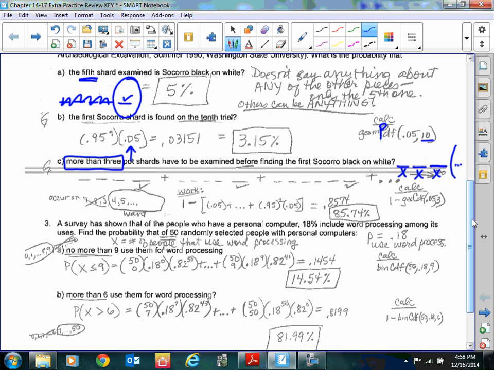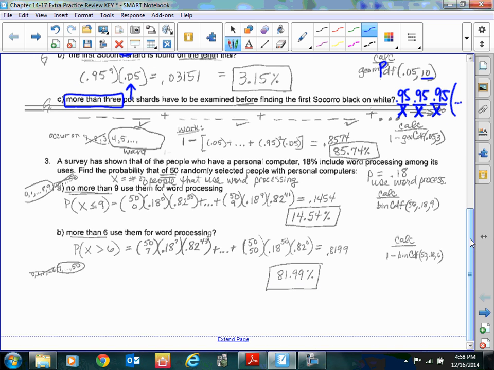All I am specifying is that the first, the second, and the third are not it. So it works if you do your 0.95 to the 3rd power, and that gives you 85.74. Now, I had done it a much more difficult way previously, and you can look at that work there if you want.